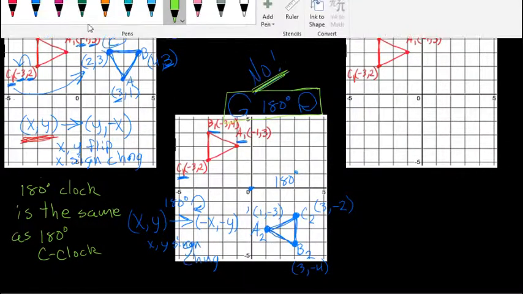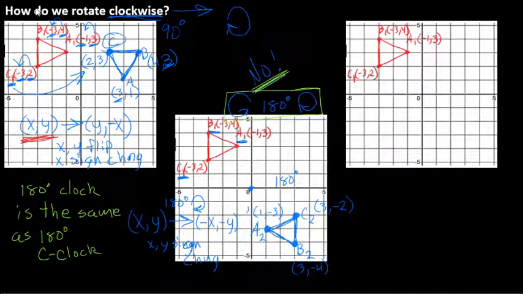All right, so now let's talk about even further. Let's go 90 degrees further than 180. So I'm going to take my point A, and instead of going 90 degrees or 180, I'm going to go 270 degrees, clockwise.